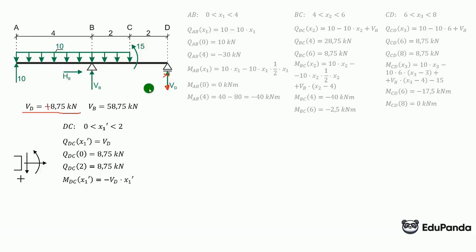The moment is the force VD, which rotates clockwise, meaning this moment is a negative moment on arm x1. So I created this section that we are calculating now. So we substitute values 0 and 2 into the moment equation, and we get 0 and 17.5 kNm. And we can see that now this 0 is the 0 that we calculated here.